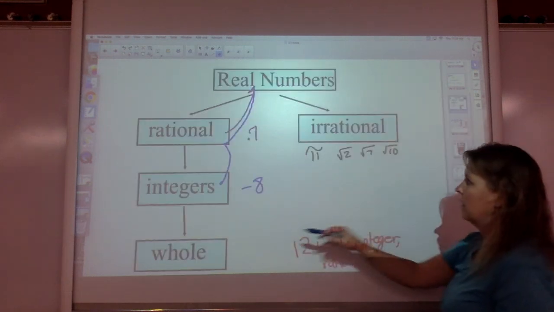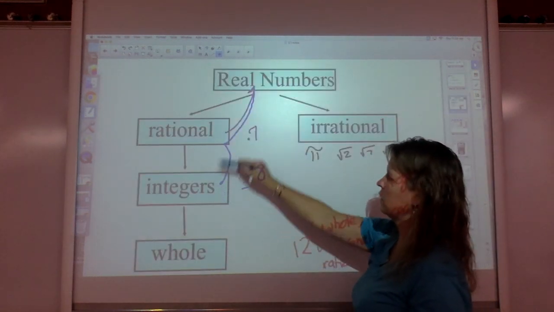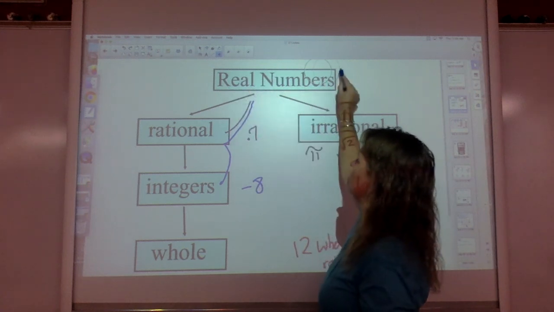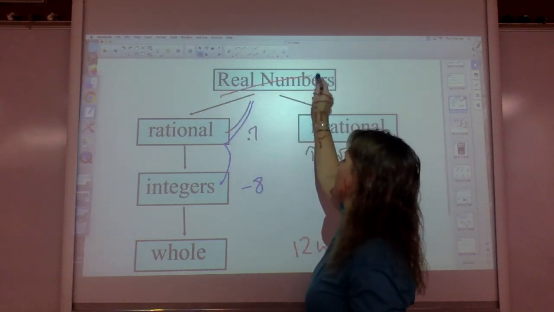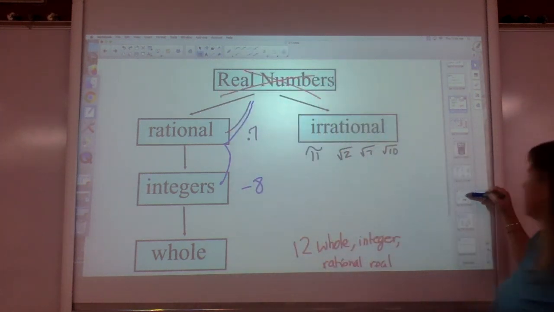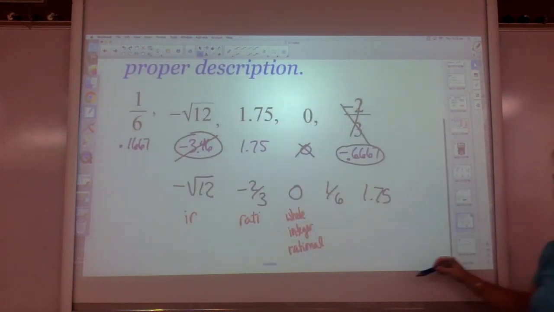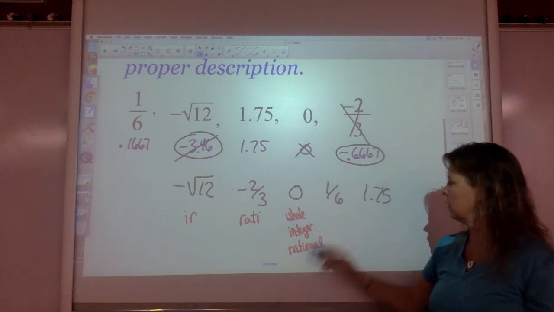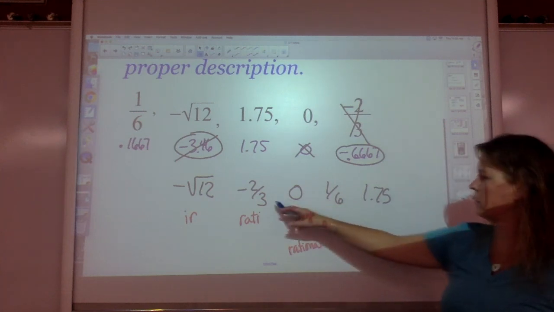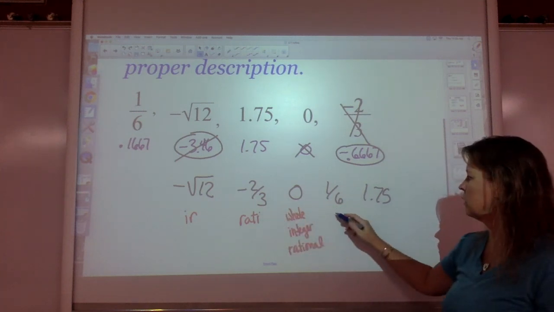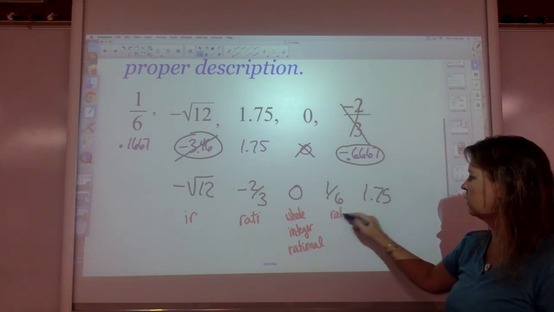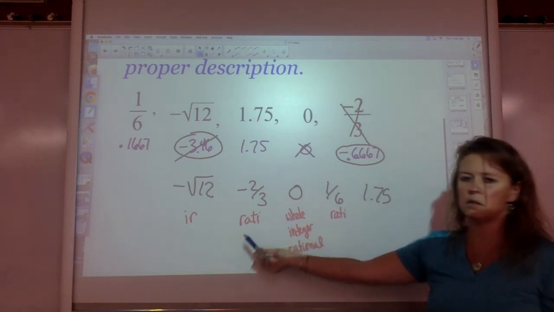If you look back at this, a whole number is an integer is rational. We do not have to write real every single time because in Algebra 1 we only talk about real numbers. Finish up with the last two. 1/6 is a decimal fraction just like 2/3 is, and it's rational. Notice I didn't put integer on here.